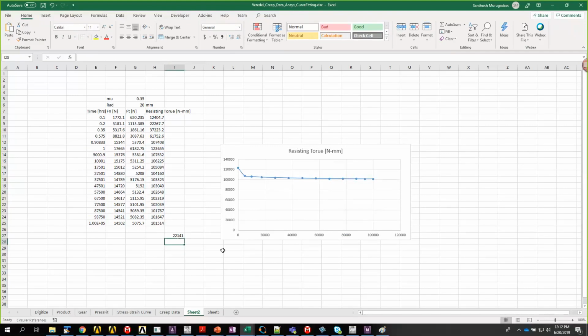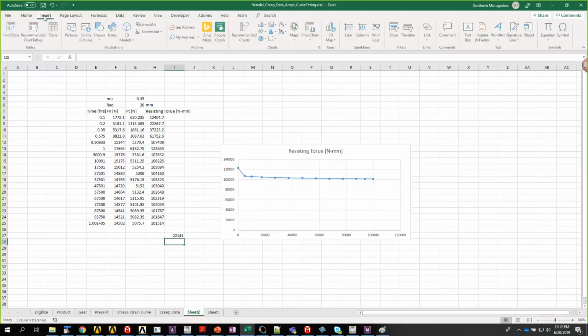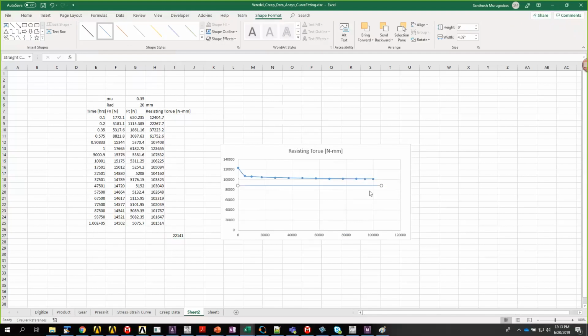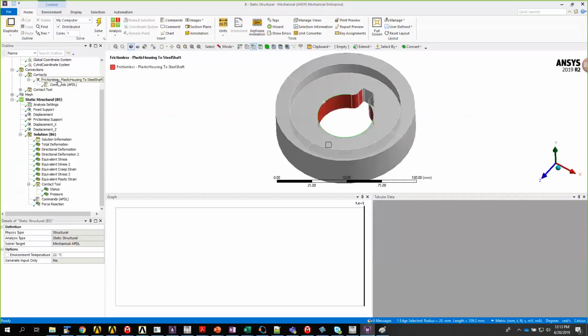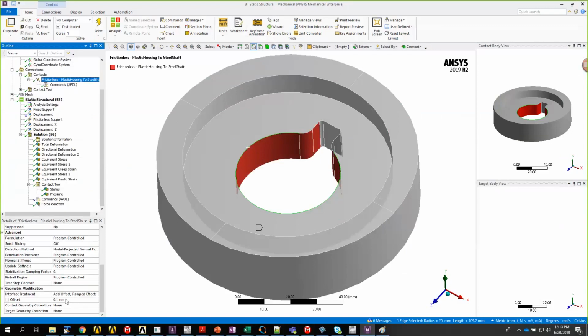If the belt is expected to transmit a torque of around 95,000 over time, then this design is safe. We can say that the 0.1 mm interference that we have used for this material is good enough. It can really stand that.